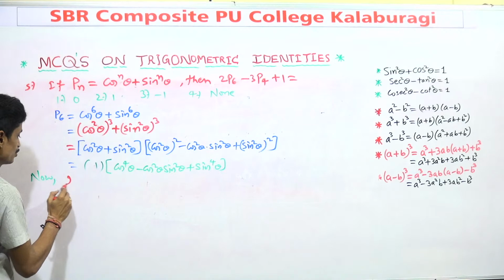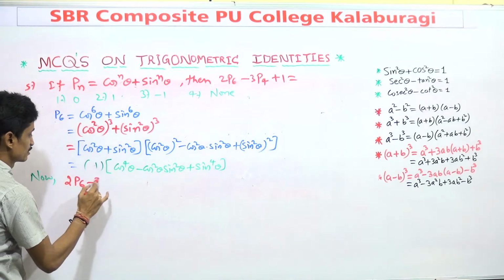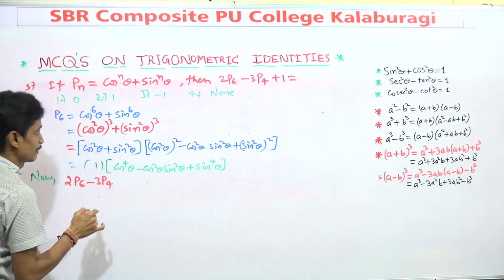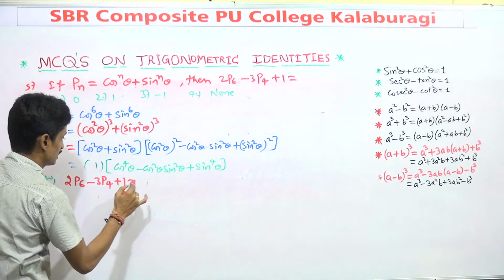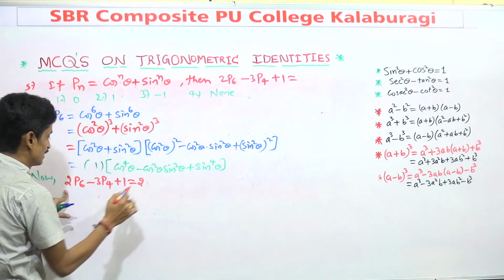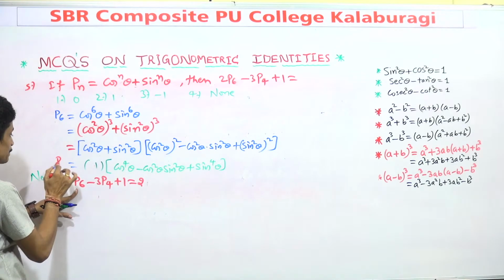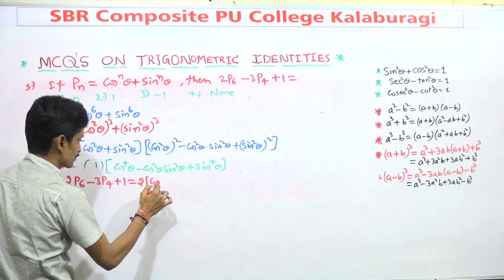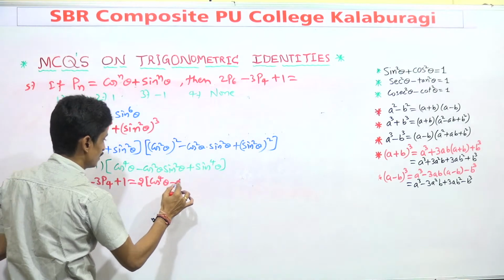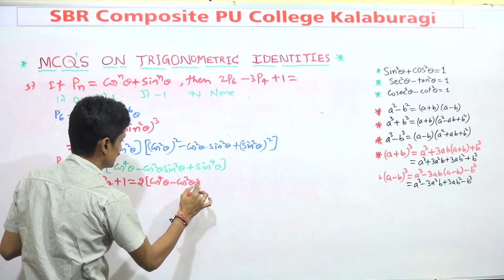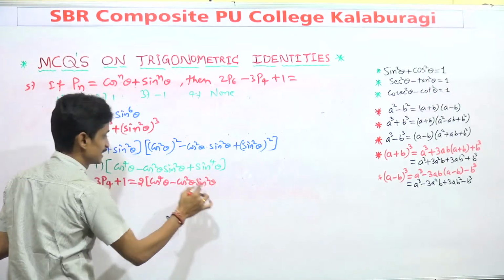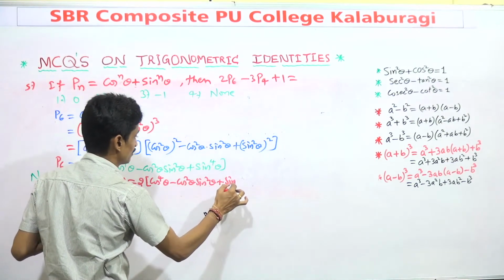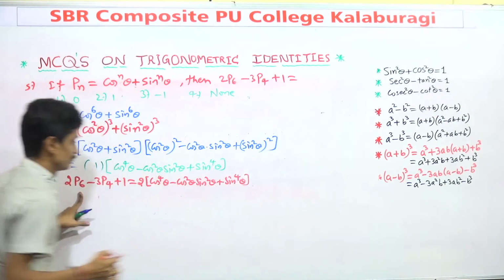That is 2 times of P6 minus 3 times of P4 plus 1. Only the 2 I will take out. P6 I have already simplified. Those terms are cos power 4 theta minus cos square theta into sin square theta plus sin power 4 theta.